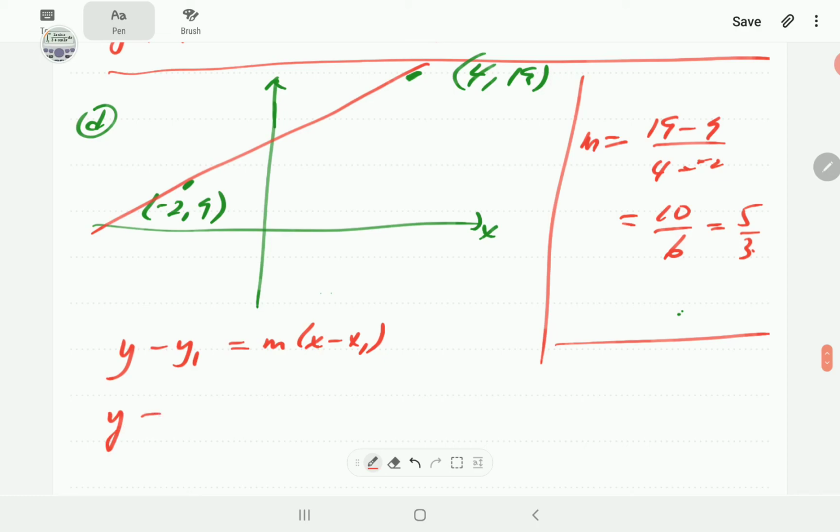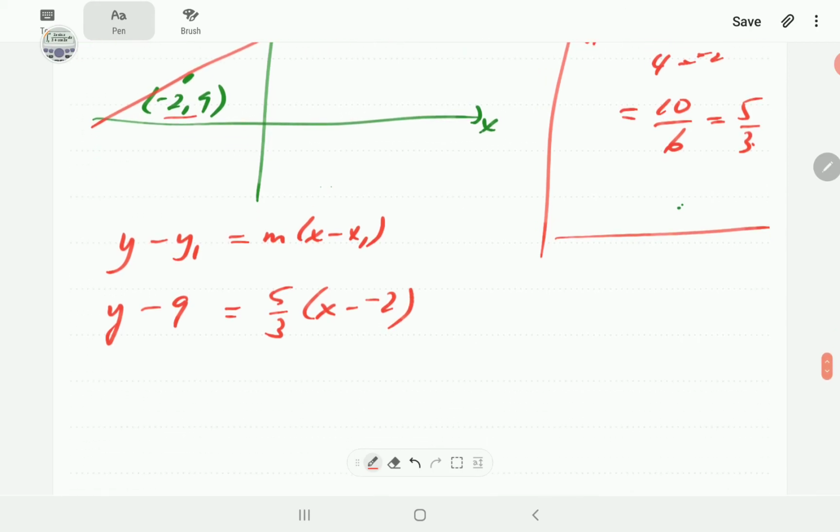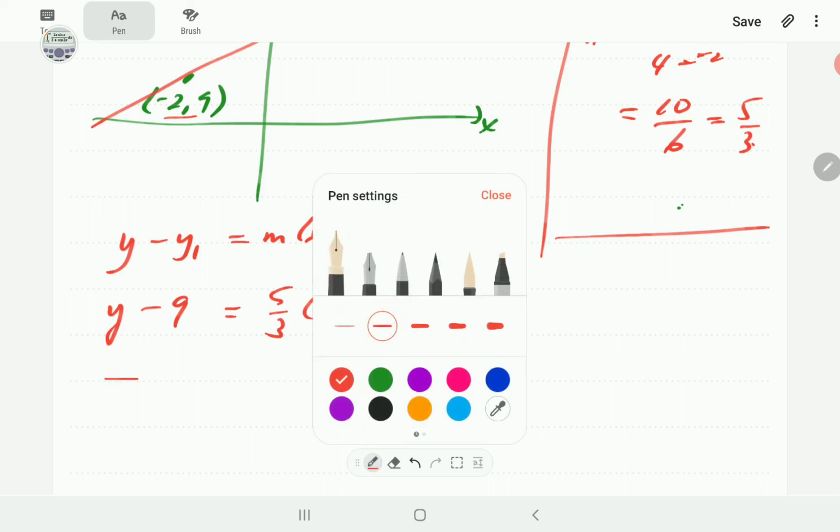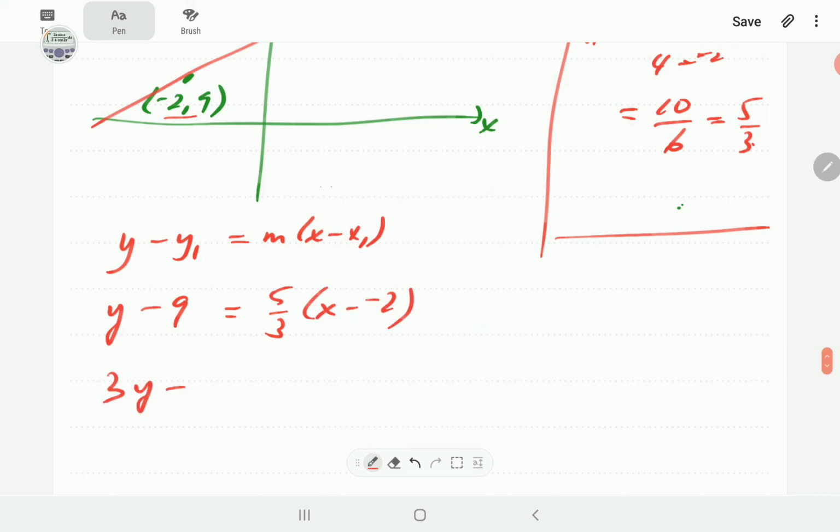So we're going to have y minus 9, if we use this point, is 5/3 x minus negative 2. Then again we bring the 3 to the right hand side just so that we don't have to deal with fractions. It's going to be 27.